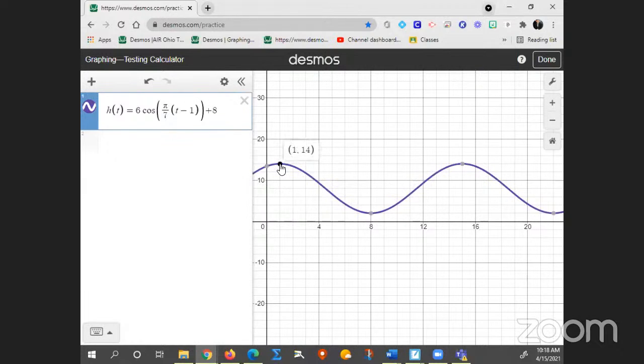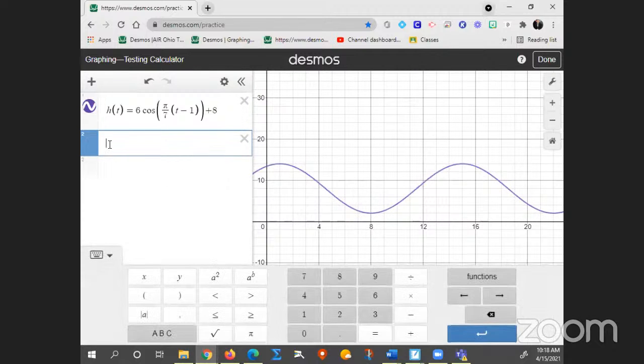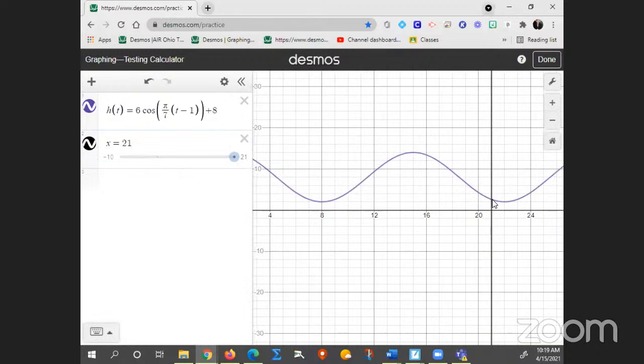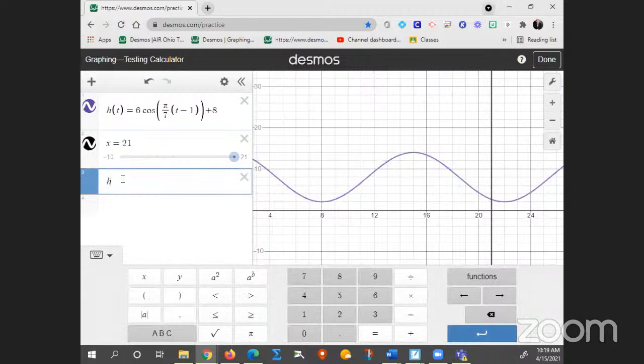Here we can see 1 second in, she's at a max. 8 seconds in, she's at a minimum. I want to know her height at 21 seconds. So I could type in x equals 21 to get that answer, or I could type in h of 21 and let it evaluate it as a function.